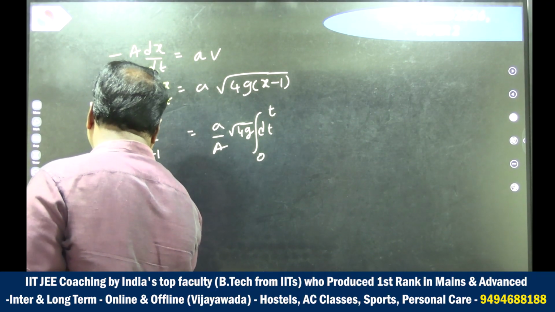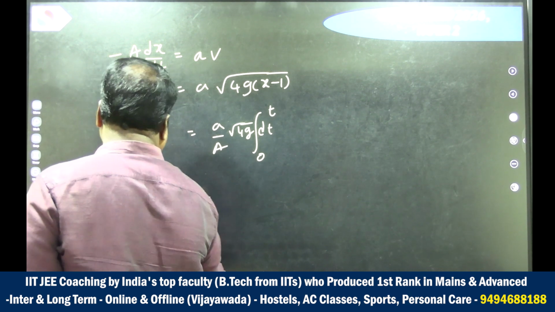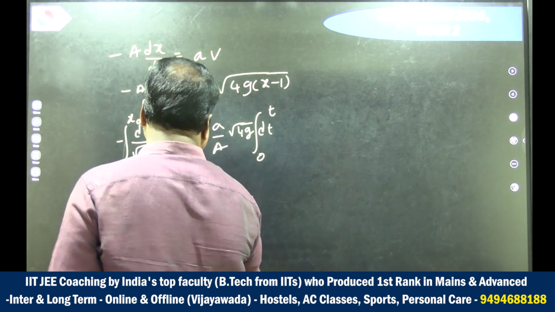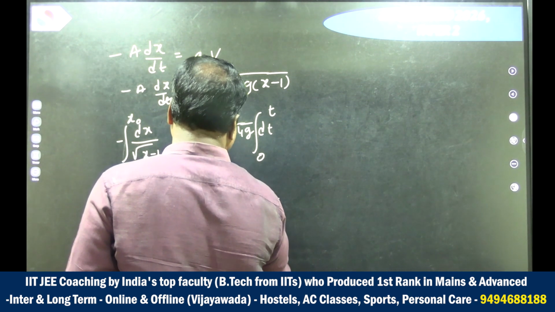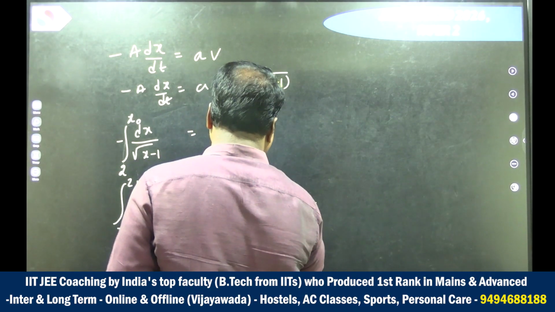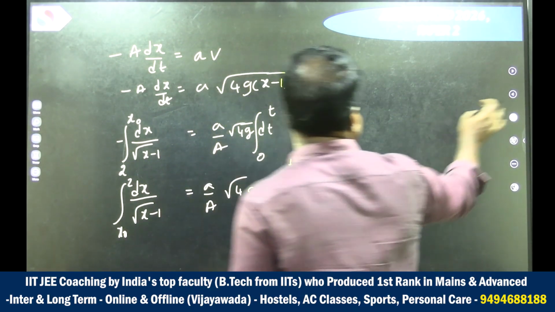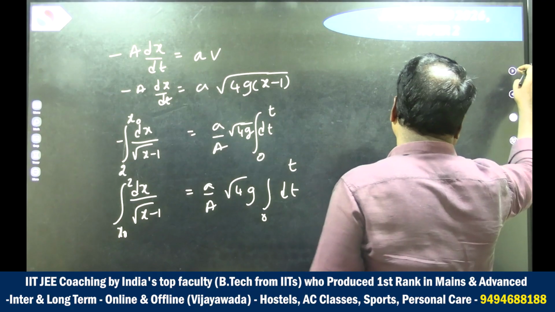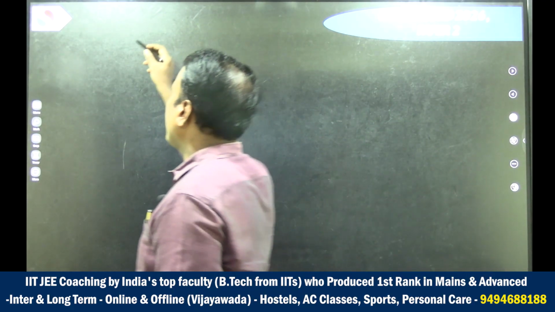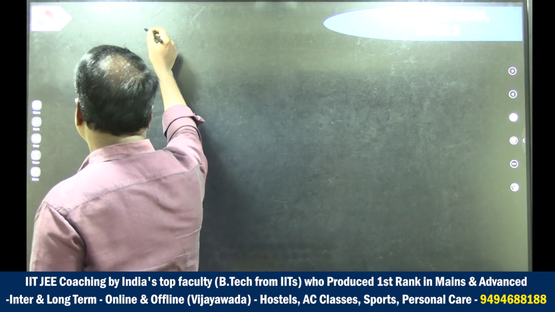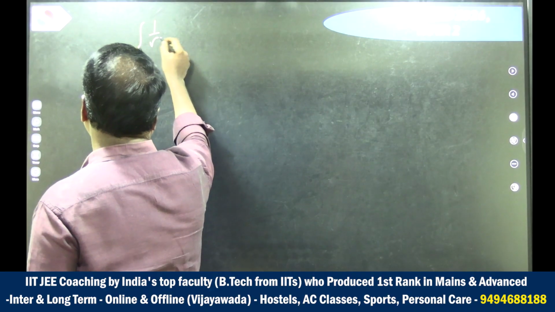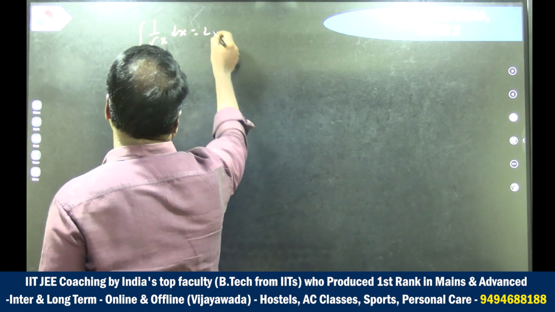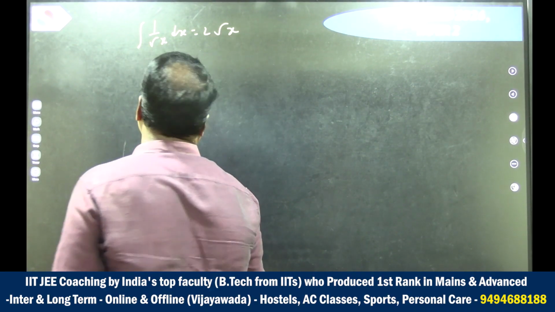We may go to reversal of the limits also, so that the negative will disappear from here. We can continue this, and as we know, the integral of 1 by root x dx equals 2 root x.